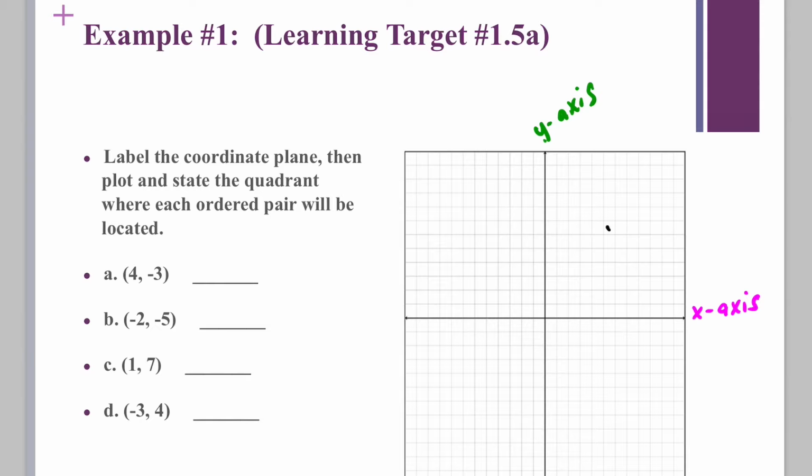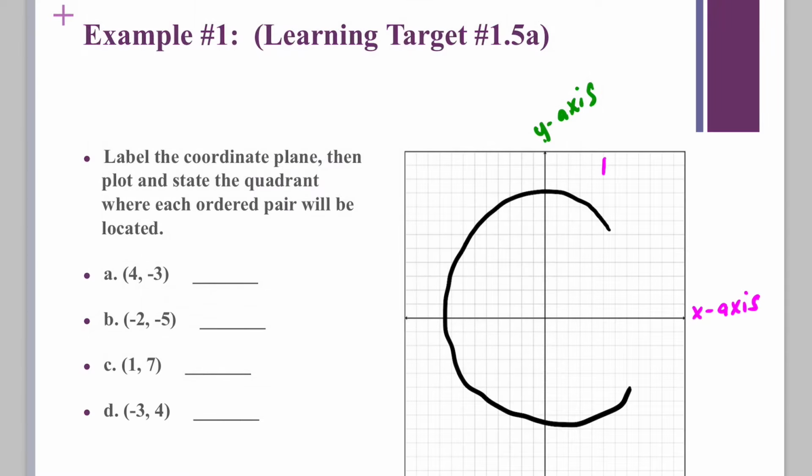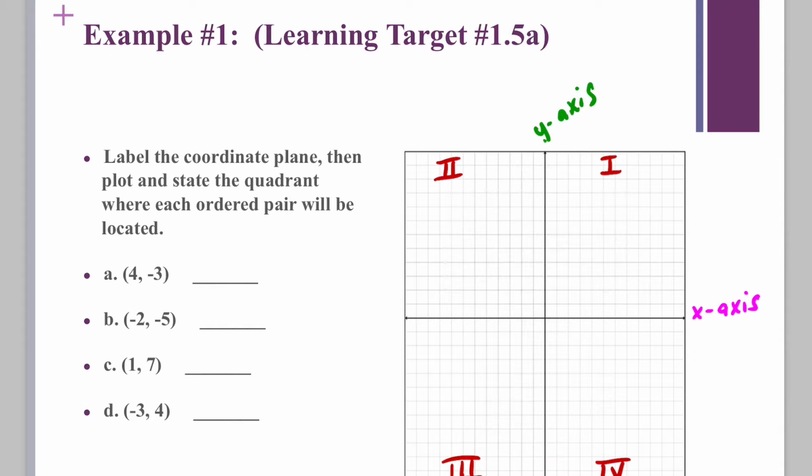It is a C. So we begin here and draw a C. That tells us that our quadrants are, using a different color, quadrant 1, quadrant 2, quadrant 3, and quadrant 4. Okay, so we have now labeled our coordinate plane with our quadrants.